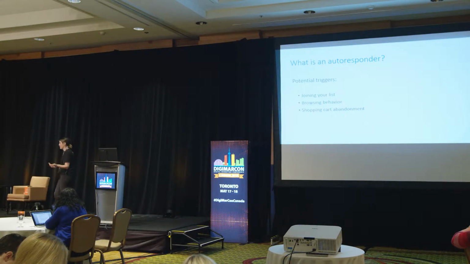That's a really common one that maybe some of you, if you're using autoresponders, are using them for. It can be downloading a PDF. So with a lead gen tool, someone gives you the information, they've downloaded the PDF, you send them a welcome email thanking them for reading the PDF, perhaps with links to other documents. Or it can be buying a product. This is another really common one that if you're using autoresponder emails, this might be where you're using them.